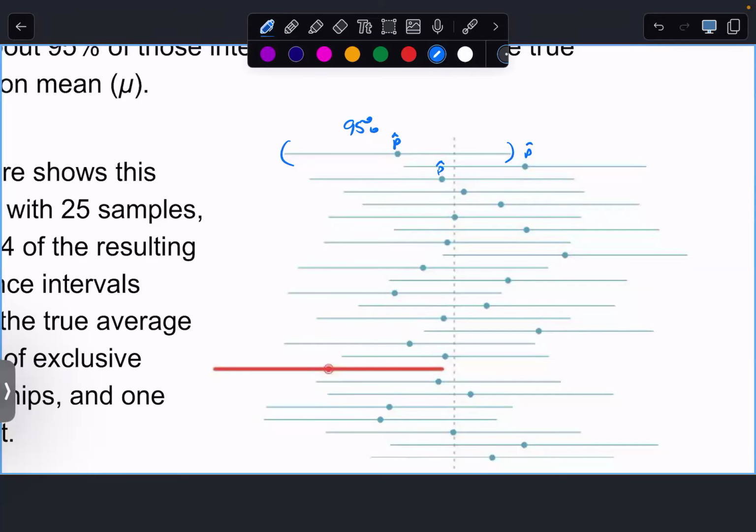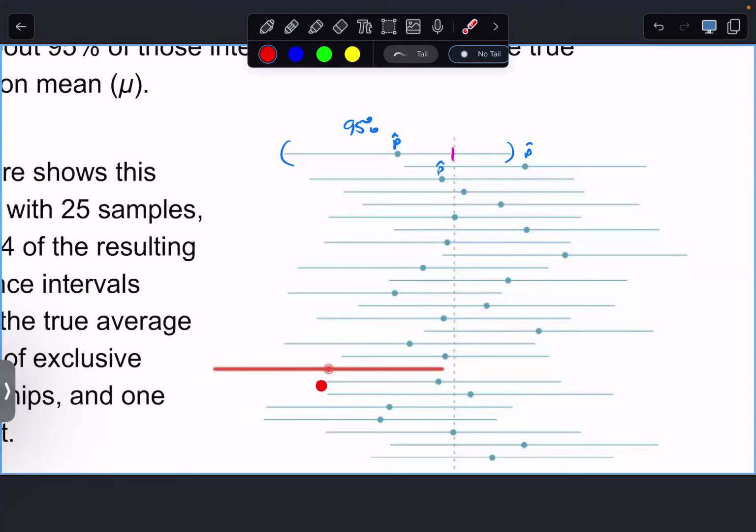So we go down some margin of error and up some margin of error. But notice here that P is captured in this interval, captured in all the intervals, even though P hat is going to scoot around, jump around.